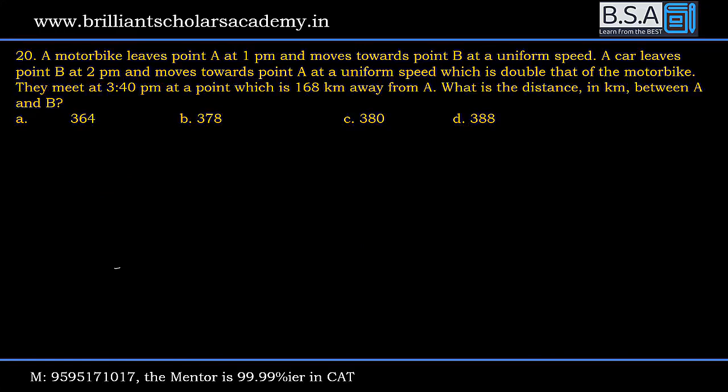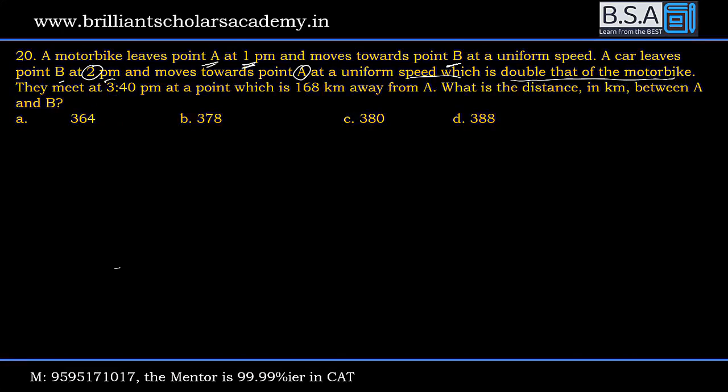Very simple question. A motorbike leaves A at 1 p.m, moves toward point B at a uniform speed. A car leaves B at 2 p.m, moves towards A at a uniform speed, which is double the speed of motorbike.